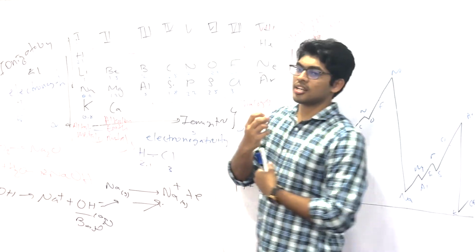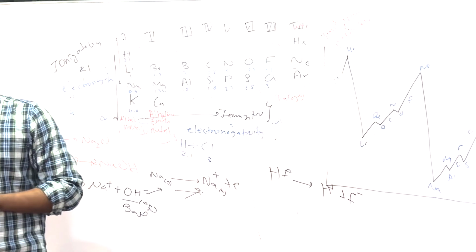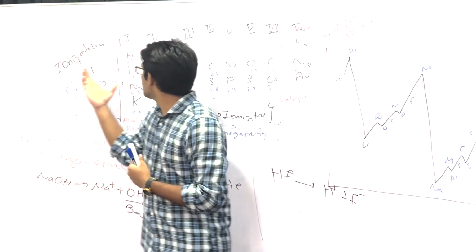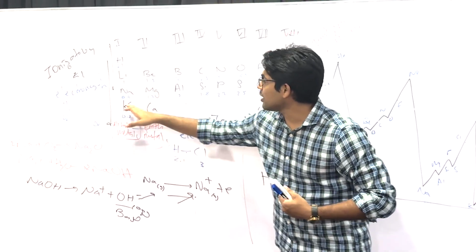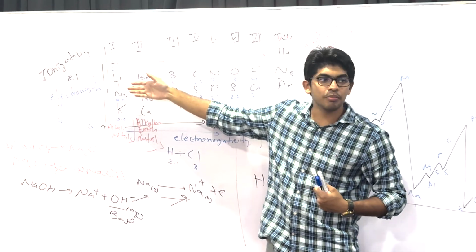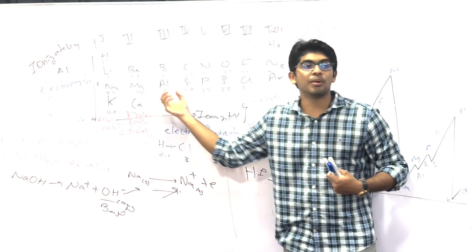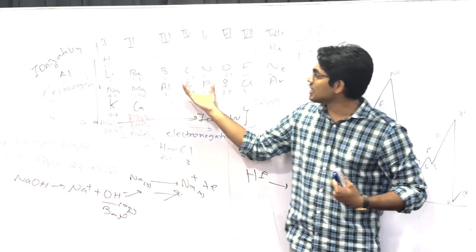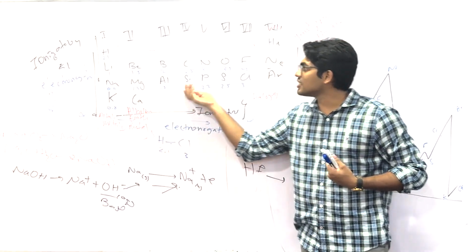If they partially ionize it, we say it's a weak base. From sodium to magnesium, going left to right, sodium is a strong base, magnesium is a weak base. The basic nature decreases and the acidic nature increases.